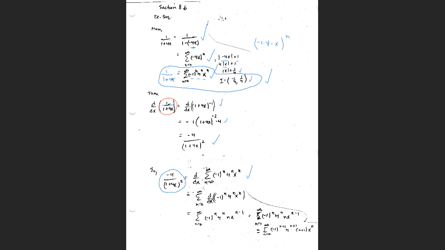And we established that the power series of 1 over 1 plus 4x is the sum from n equals 0 to infinity of negative 1 to the nth power times 4 to the nth power times x to the nth power. And again, we're assuming that x is between negative a fourth and a fourth.